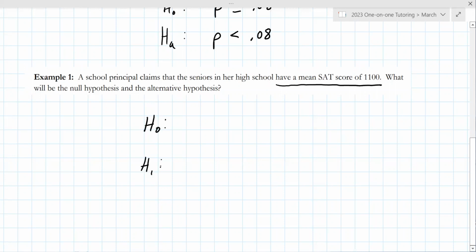Okay, so they're saying it will be 1100. Okay, so because it's a mean, we know that it's mu in both cases. Can you tell me what symbol goes in one or the other? And keep in mind the claim is here, which is very different. It's kind of awkward, but that is what it is.